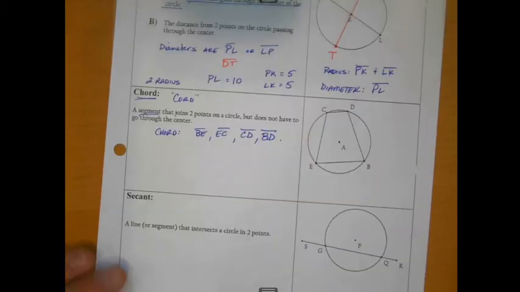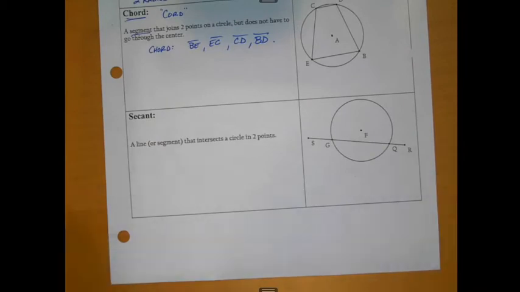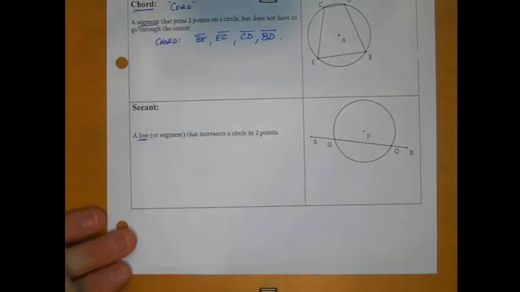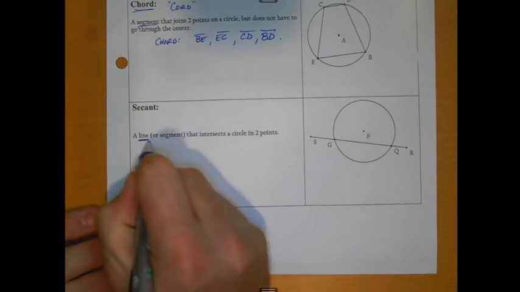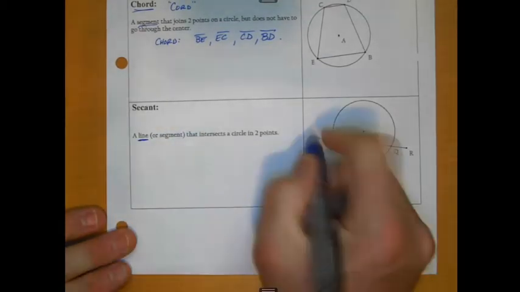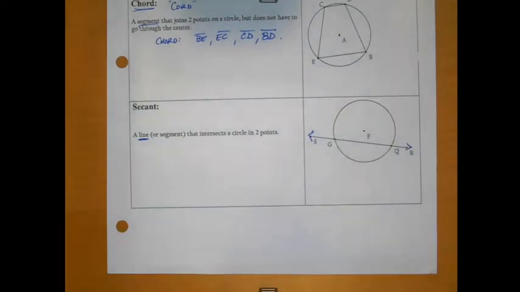Okay? All right, so a secant line is a line, generally speaking it's more of a line, sometimes it's a segment that intersects a circle at 2 points. So if I simply just put an arrow on there, it's going through that circle. It's hitting the circle at G and Q. It must hit a circle at 2 points. It must be a line.